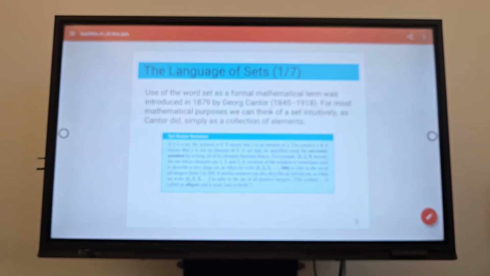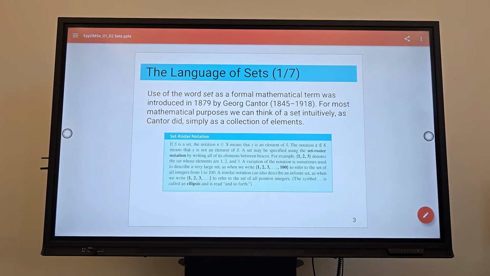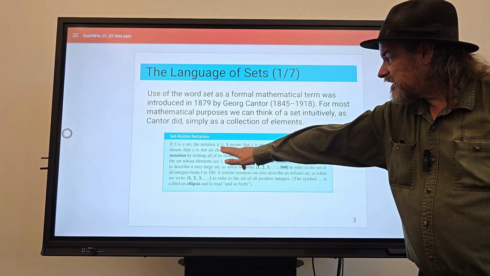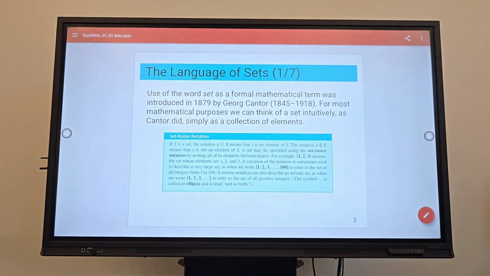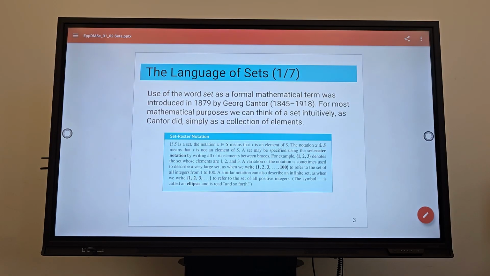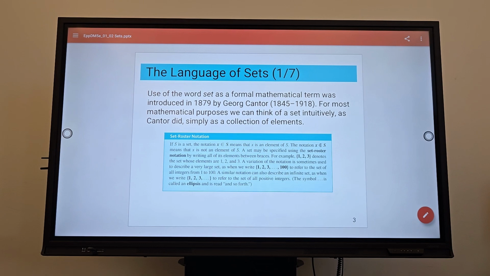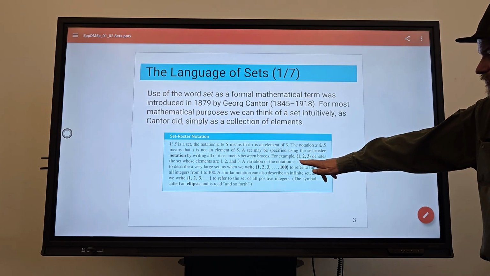If S is a set, the notation x with the stylized E means that x is an element of S. With a line through it, x is not an element of S. Set roster notation is typically done by writing all the elements between curly braces, like this right here.